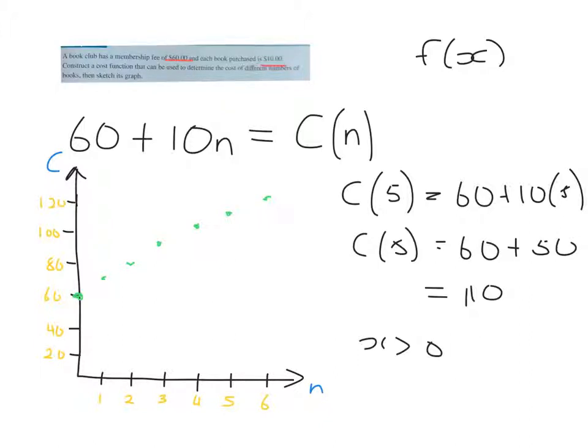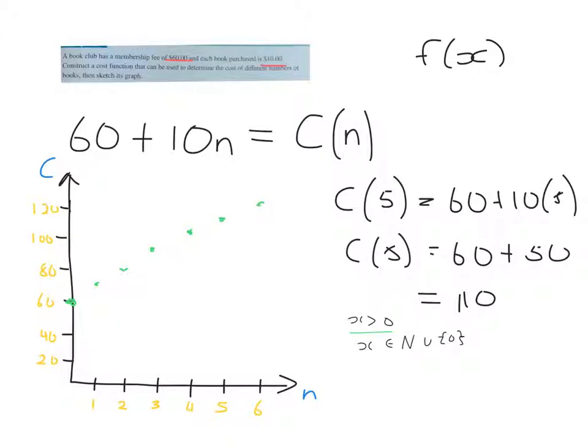We know it's not possible to buy half books or decimals of books, so another way of writing this domain would be to say that x was a subset of the natural numbers, which we know are not negative and not fractions, union the set of 0. So it starts at 0 and then moves up in whole number lots.